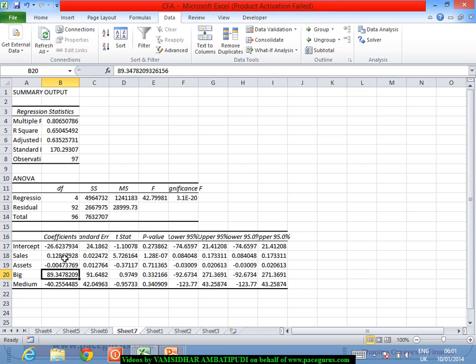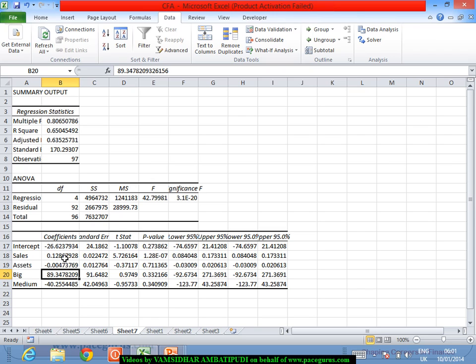For big companies, a 1 rupee change in sale is a 1 rupee for a big company, the profits are $89 more compared to the other set of companies. Keeping all others constant, for a big company the profits are more by around $89.